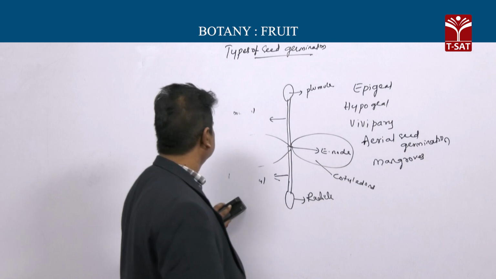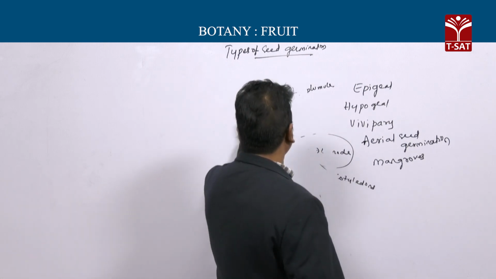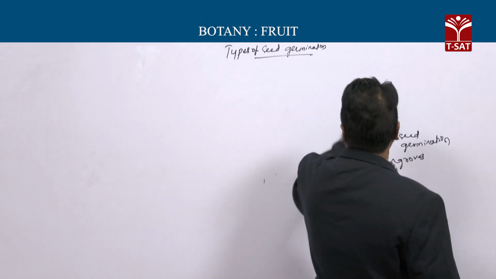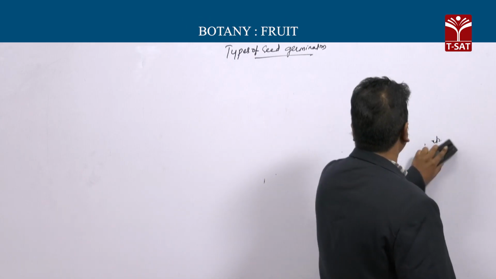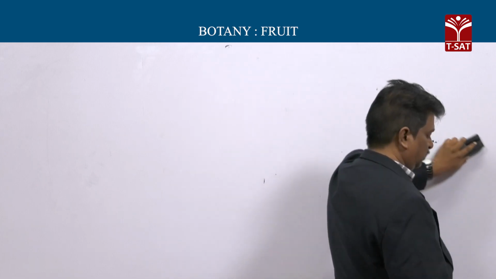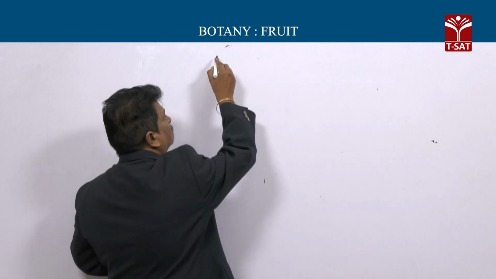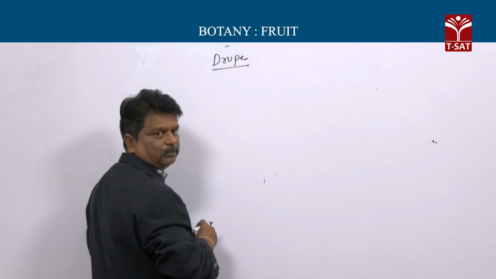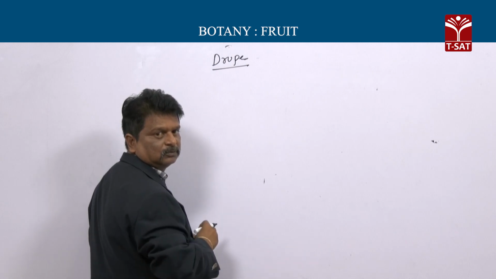Here, first let us see about fleshy fruits. Only in fleshy fruits, the fruit wall is called pericarp, which is differentiated into three layers: epicarp, mesocarp and endocarp. In fleshy fruits, the entire fruit is fleshy, only seeds are hard. If the question is which fleshy fruit develops from a single carpel, monocarpellary, it means a drupe.